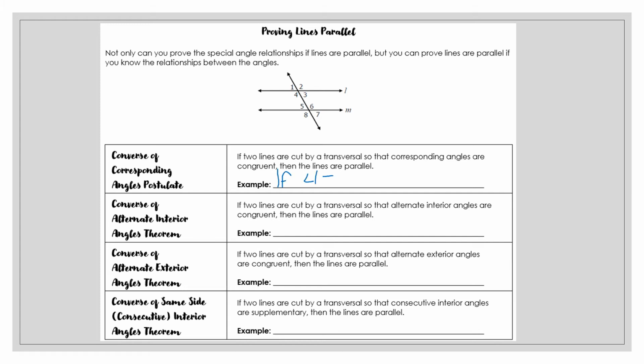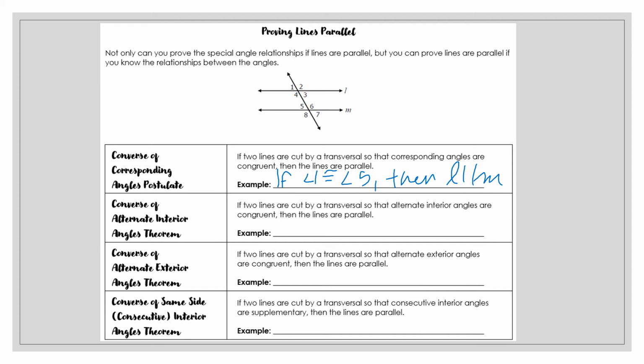If angle 1 is congruent to angle 5, then we know L is parallel to M. And that would be true for any pair of corresponding angles. So I could replace angle 1 and angle 5 with 2 and 6, 3 and 7, or 4 and 8. But if you know those corresponding angles are congruent, you can conclude that the lines are parallel.